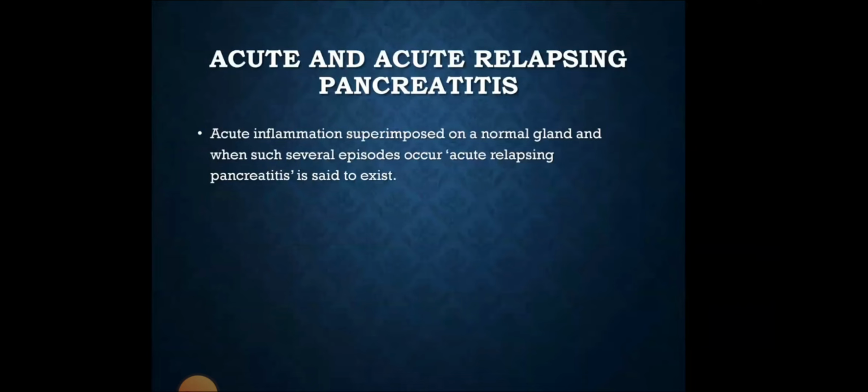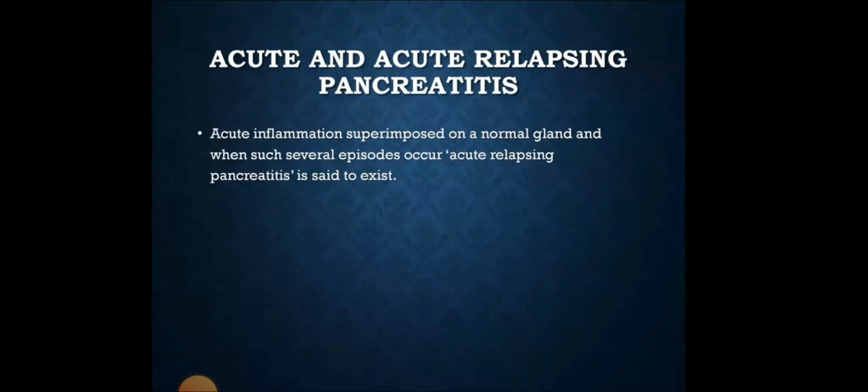Acute pancreatitis is an acute inflammation of a previously normal gland parenchyma, which is usually reversible. That is, an infection or inflammation happening to a previously normal gland parenchyma is called acute pancreatitis, and this condition is reversible. Acute relapsing pancreatitis means when several such episodes occur.